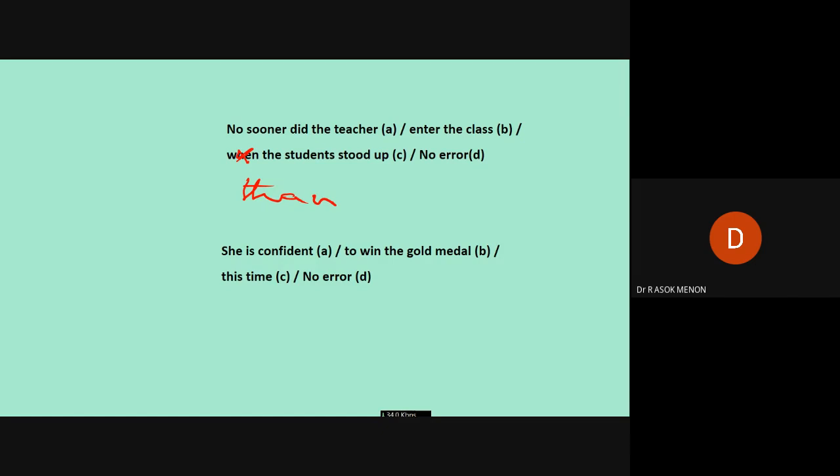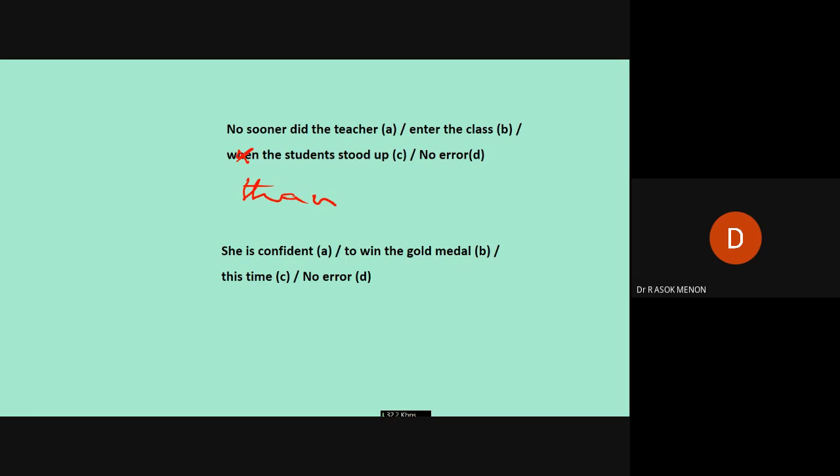No sooner than. Then the next one, she is confident to win the gold medal this time. Anita has said it correctly. Kishore, we have all answered it correctly.